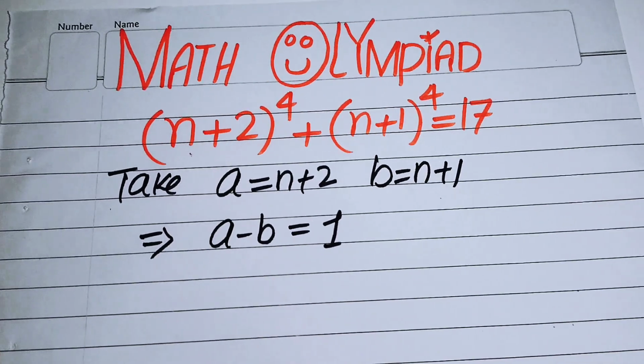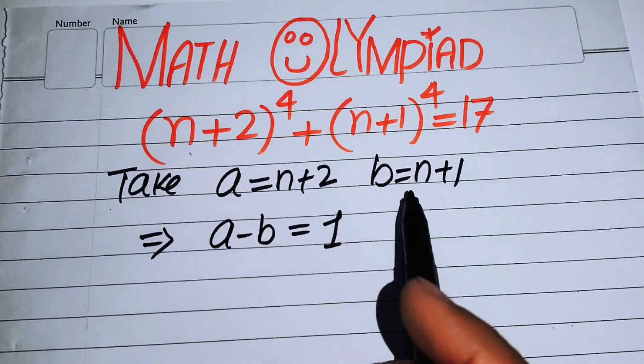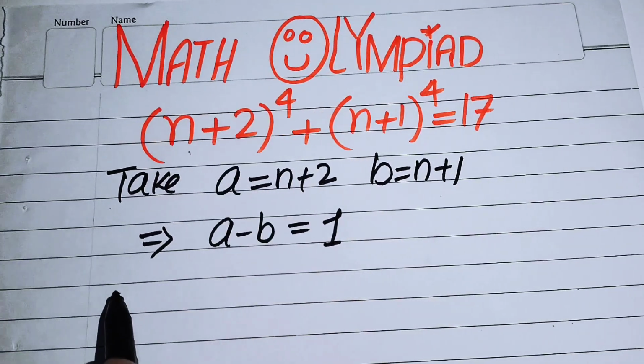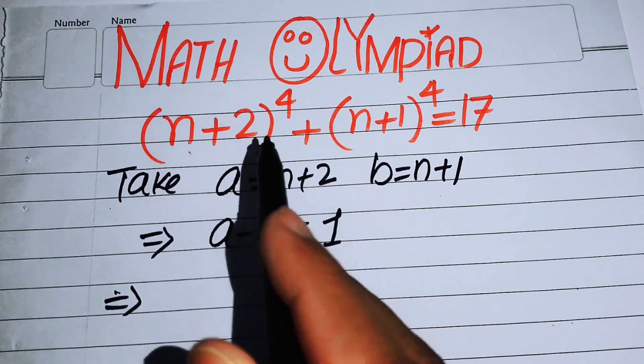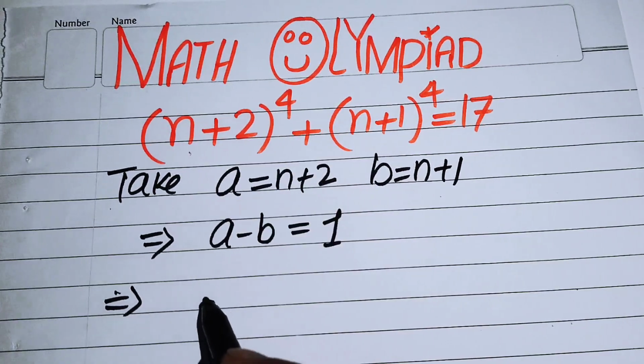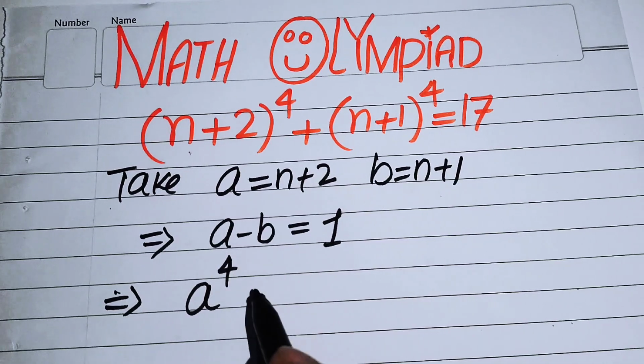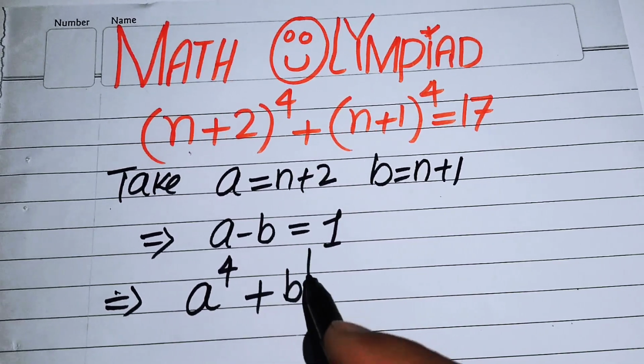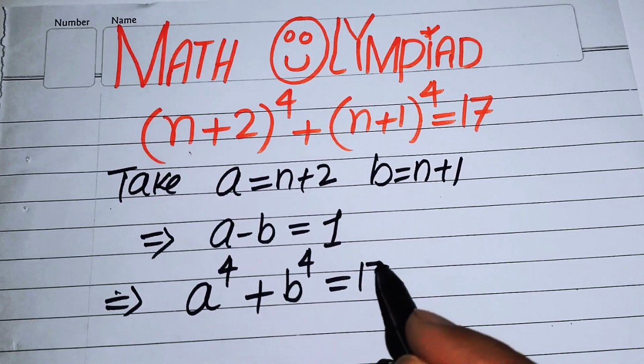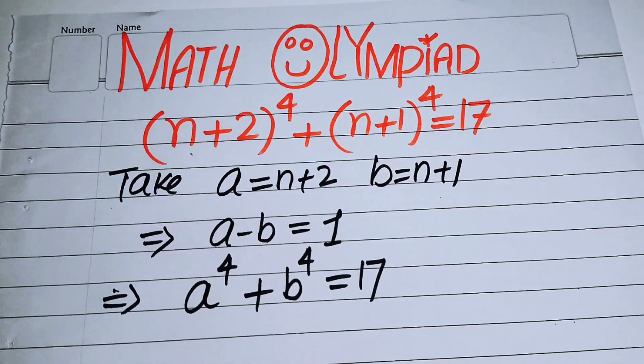And in the next step we will put the values of a and b in the above equation. So our above equation becomes a^4 + b^4 = 17.